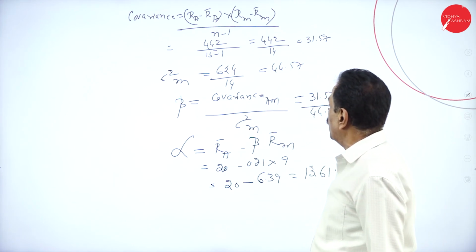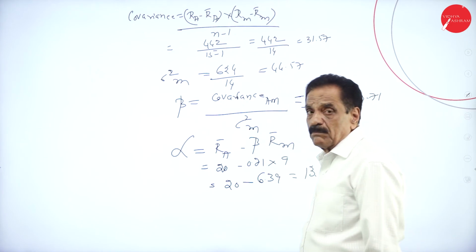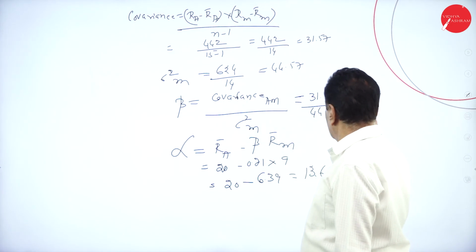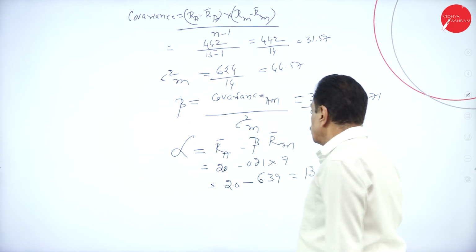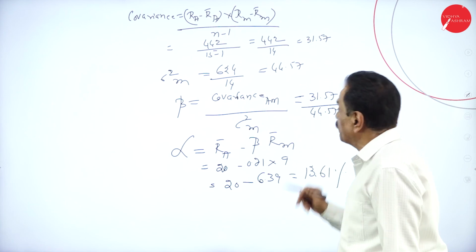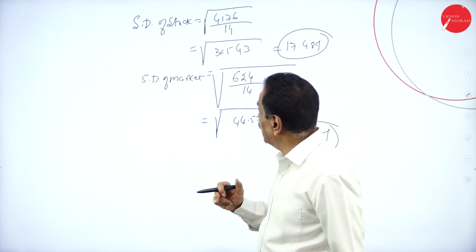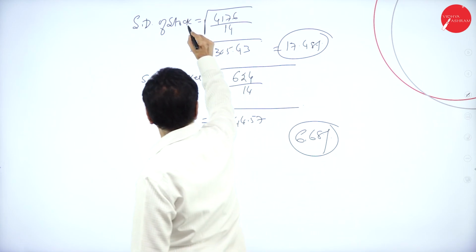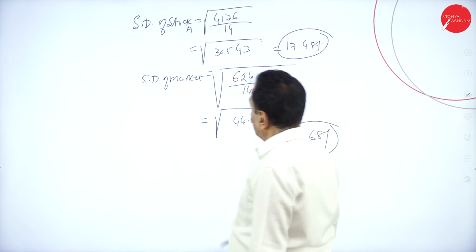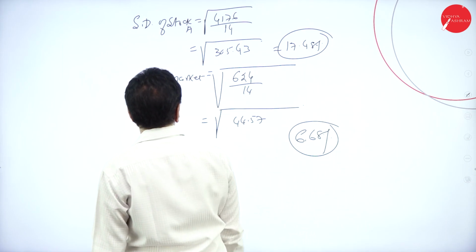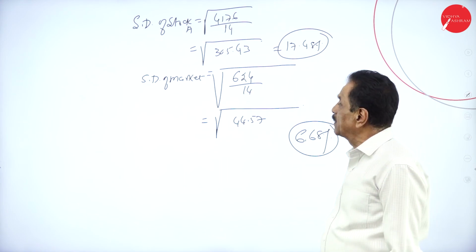Beta is the covariance of stock A and market divided by market square, 0.71. Alpha is R mean A minus beta into R mean M, 13.61. If they ask the standard deviation, stock A is the root of 4176 divided by 14, and the market is the root of 624 divided by 14, 6.68.